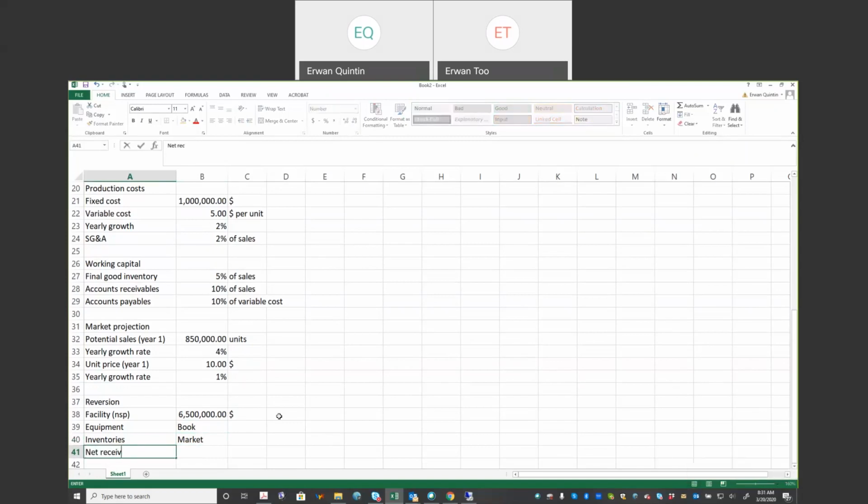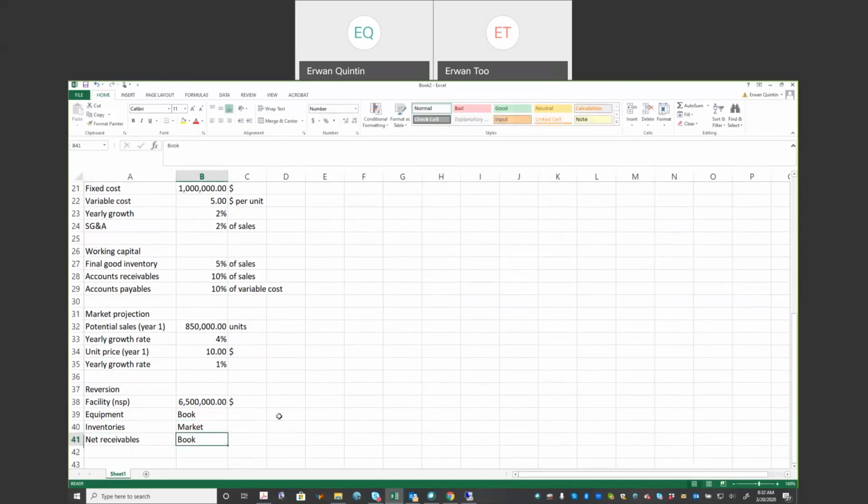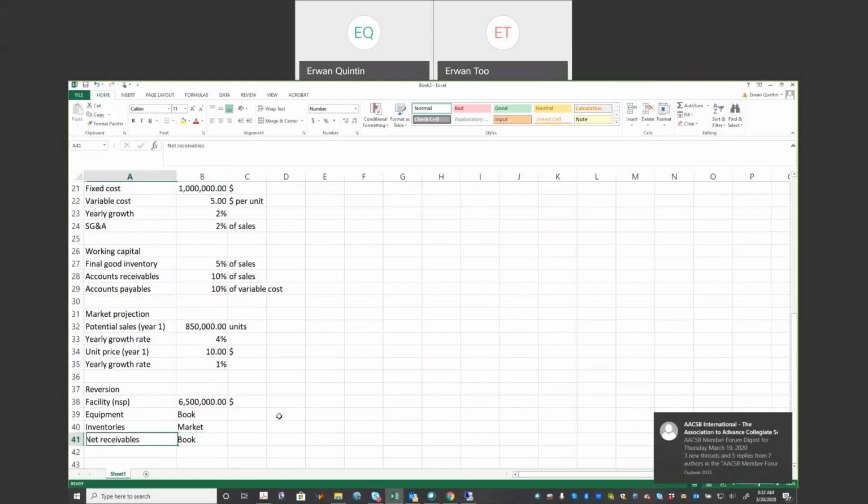And the other thing we're going to sell are our net receivables. When we sell this transaction, I have all that money that is owed to me from customers. That has value. Anybody buying this business would be willing to pay something for that. And here we're going to assume that net receivables are going to sell for book. Very good. Finally, at long last, we have all our assumptions.